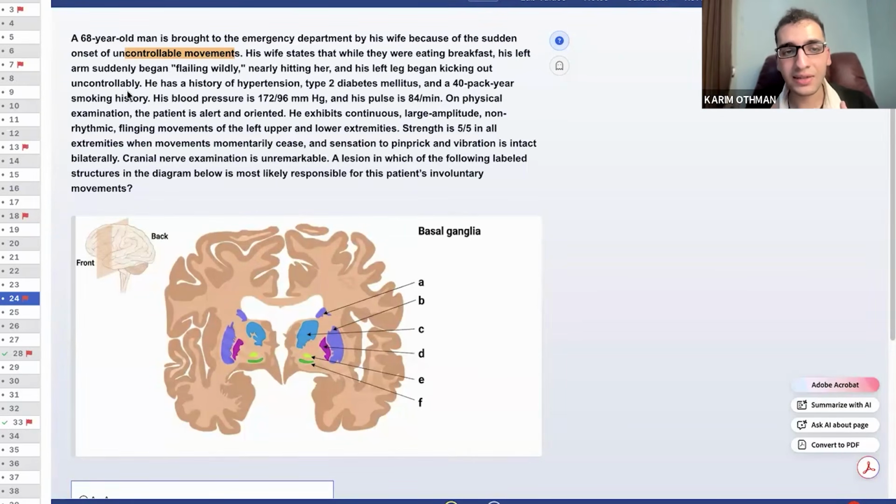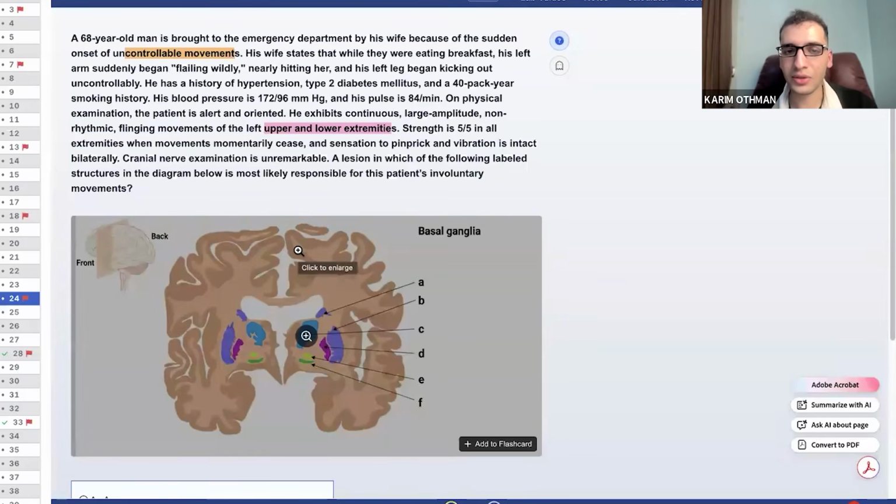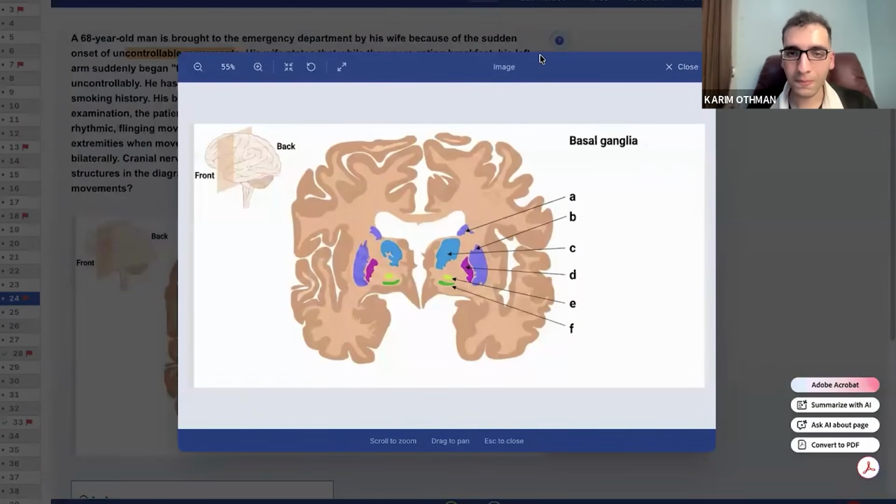On physical exam, the patient is alert and oriented, with continuous large amplitude, non-rhythmic flinging movements of the left upper and lower extremities. Strength is 5 out of 5, and sensation is intact, and they're asking which of the following structures is most likely responsible for this. It's a very hard question.